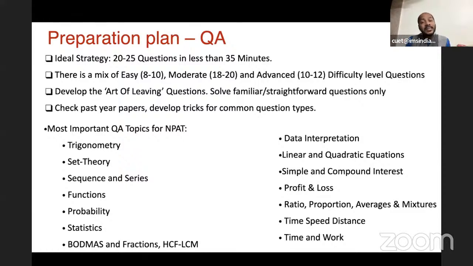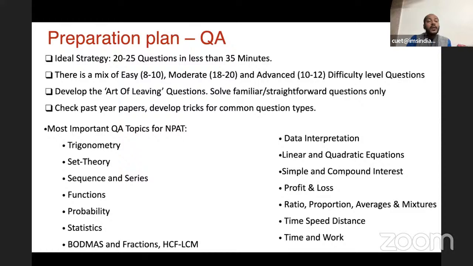One area which is less tested is the geometry section. Geometry is not really tested so much in the NPAT paper. So if you are preparing for QA for NPAT, geometry is an area that you can do with a lesser priority.